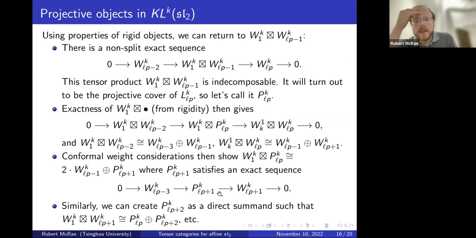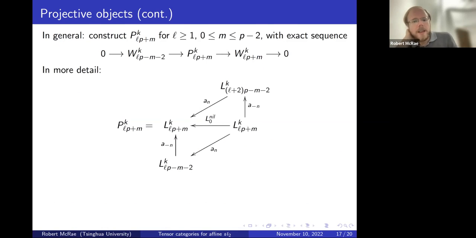and we get this kind of exact sequence for PKLP plus 1. Now we can do the same thing, tensor this exact sequence with WK1, and get another direct sum decomposition of the result, and we create another module which we call PKLP plus 2, and we can keep doing this repeatedly. And the end result is that we construct a bunch of indecomposable modules, PKLP plus 1m, which fit into this kind of non-split exact sequence.